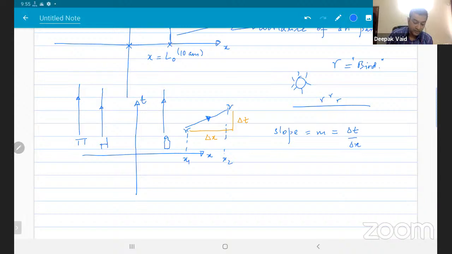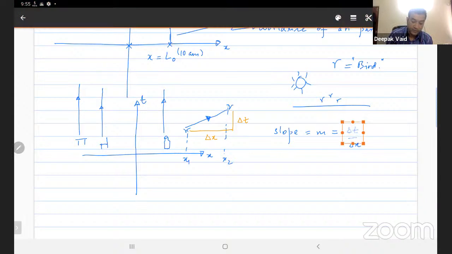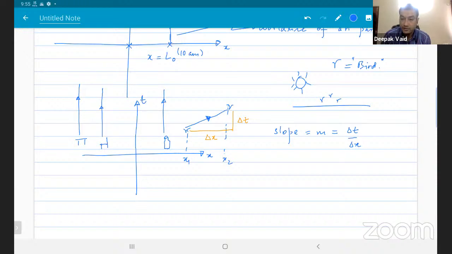And remember that we are putting delta t in units of light, so there is a c hiding over here. Always keep that in mind. Now what does this quantity become?